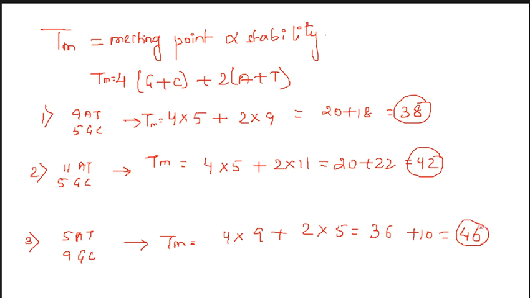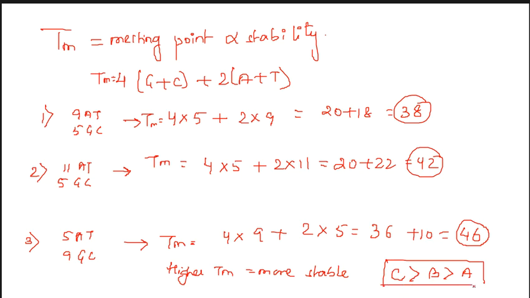So now we have to arrange which one is more stable. The one having the higher Tm is more stable. So here C is more stable than B, than A. This is the order of stability. Now I found this as the correct method, and this option is not given.